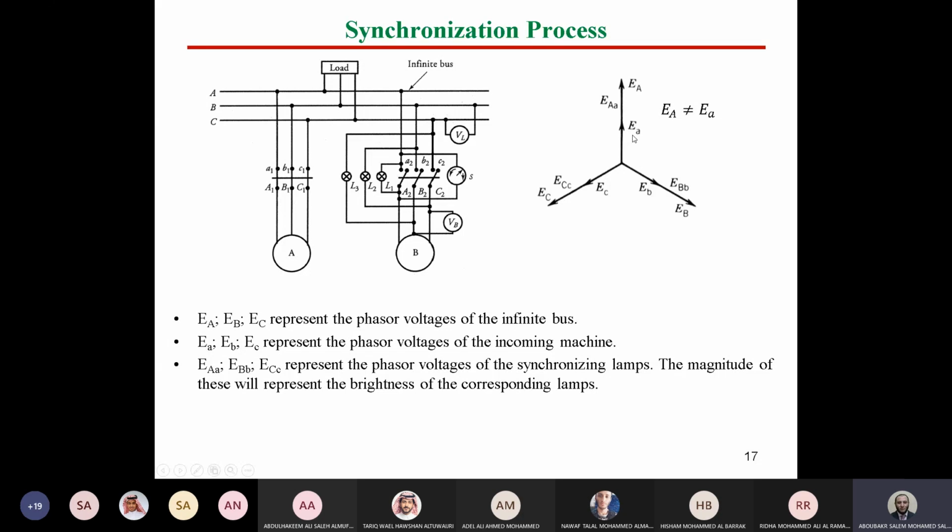So if EA, the voltage of phase A of the grid, is not the same as the voltage of phase A of the generator, which means we have a voltage drop between A capital and A small, in this case we cannot connect the generator to the grid. We can only connect if this voltage drop is 0, which means the 2 vectors are equal.